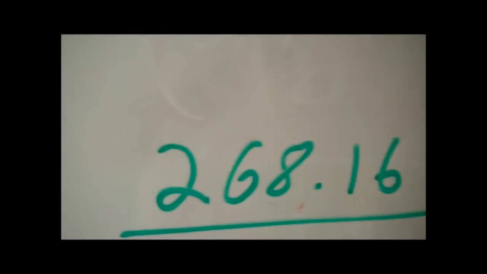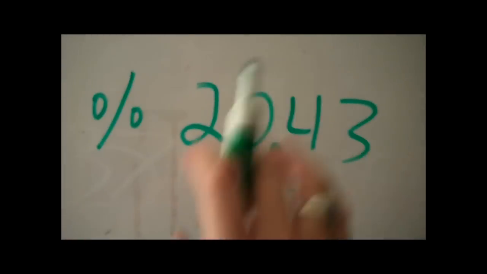Okay, I did, just a minute ago, in preparation for this, I did a 1-minute test on my Geiger counter, and I got in 1 minute 268.16 counts per second.